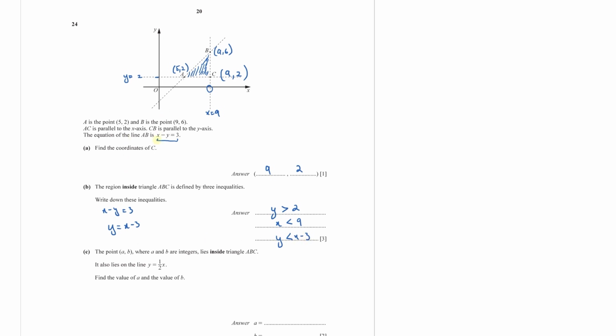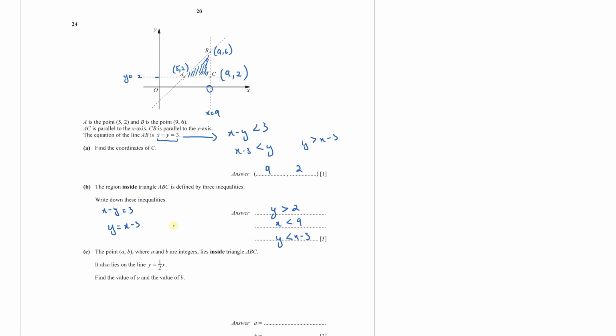Now, if you simply wrote x minus y less than 3, that would have been incorrect, because if I take y to the other side, this becomes y greater than x minus 3, which is incorrect since we are looking at the region below this line. So my correct inequality is y is less than x minus 3.